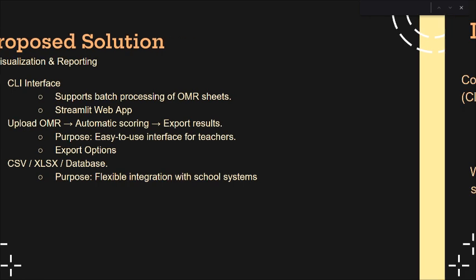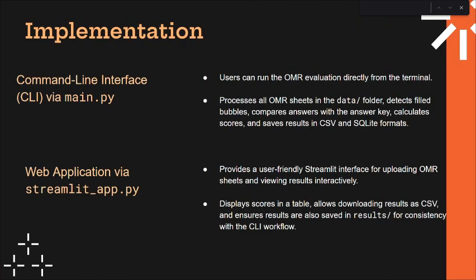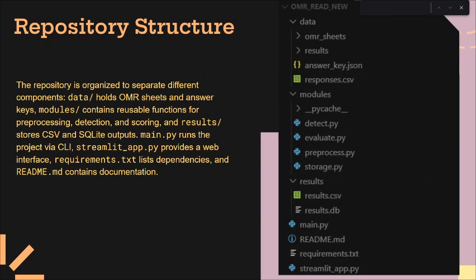The web app provides a user-friendly interface for uploading sheets and viewing the results interactively. The project repository is organized to separate components: data for OMR sheets and answer key, modules for reusable functions, and results for storing outputs.